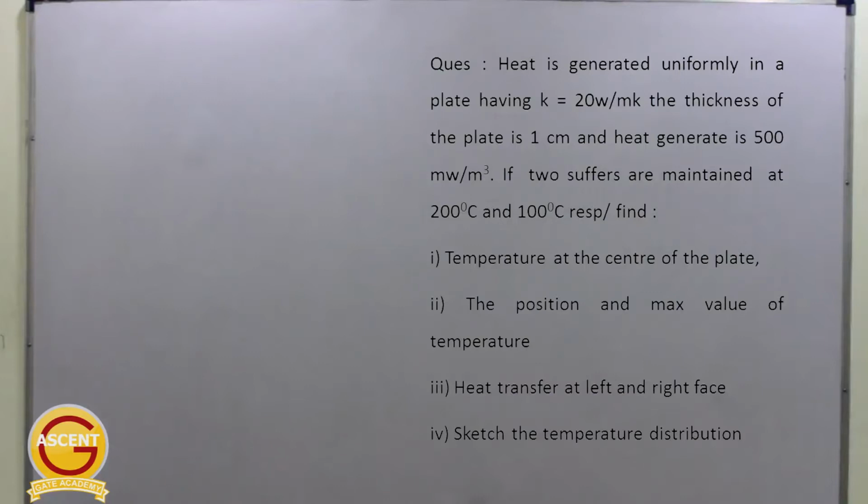If two surfaces are maintained at 200 degrees Celsius and 100 degrees Celsius respectively, then find the temperature at the center of the plate, the position and the maximum value of temperature. Next, the heat transfer at left and right face, and lastly sketch the temperature distribution.